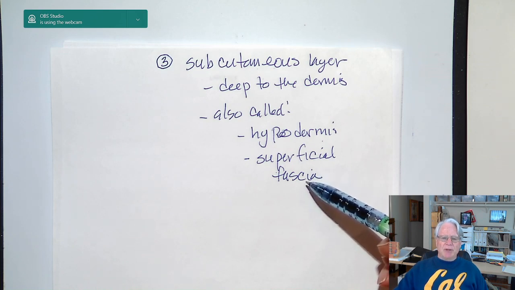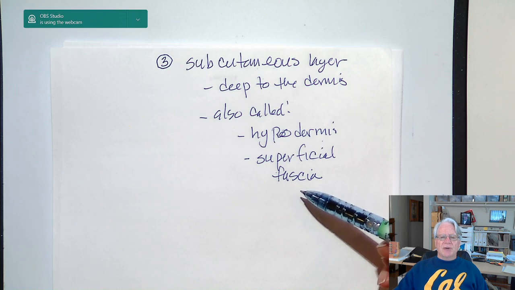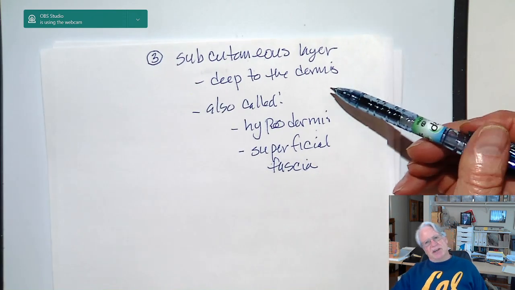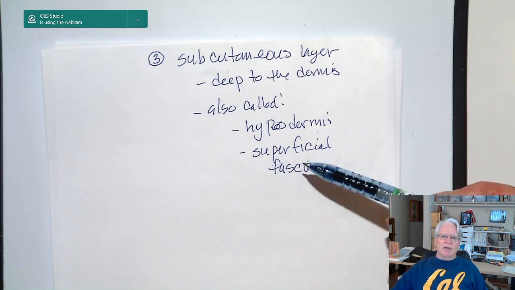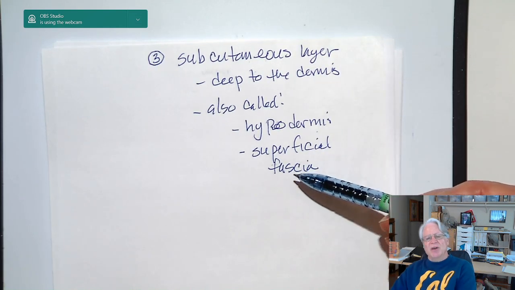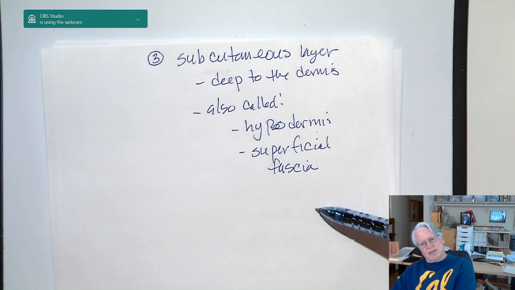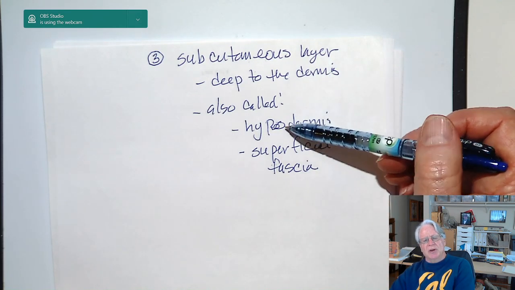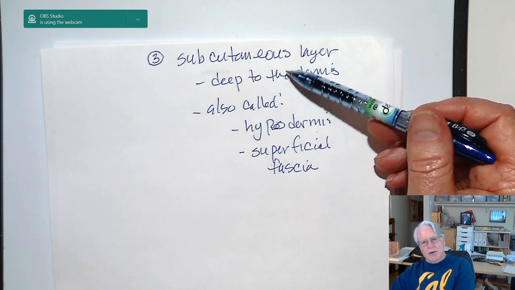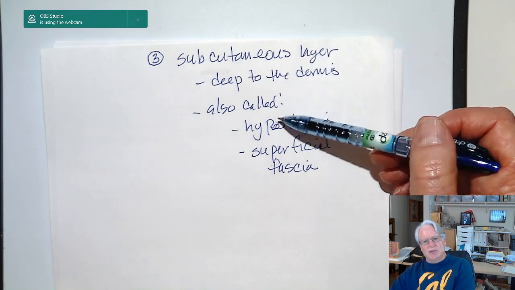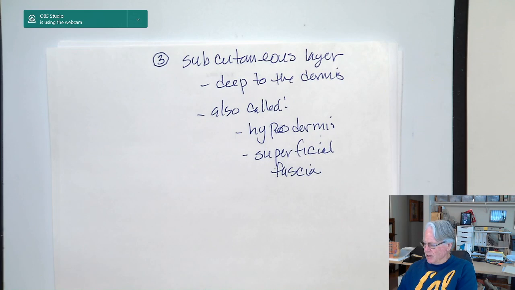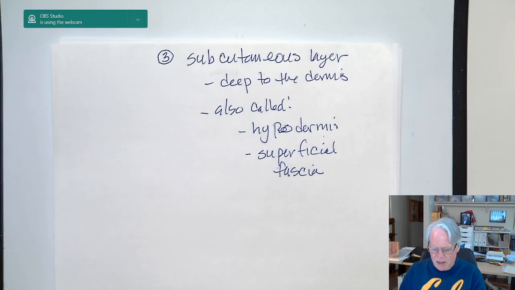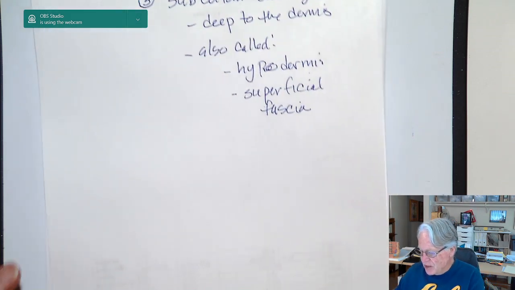So people who study muscles, who describe muscles, who work with muscles, would not call this layer the subcutaneous layer. They would call it the superficial layer because their frame of reference is the muscles that they're studying. This terminology is often used when we're thinking about the skin or the relationship of this structure to the skin. But basically it's the same thing regardless of how you call it. It's the layer deep to the skin.